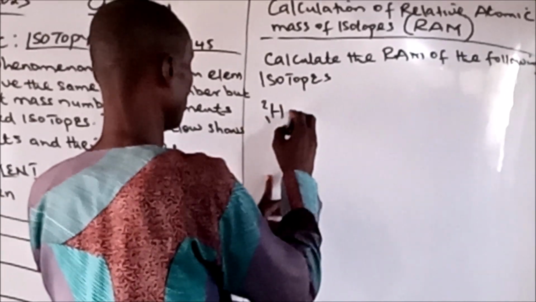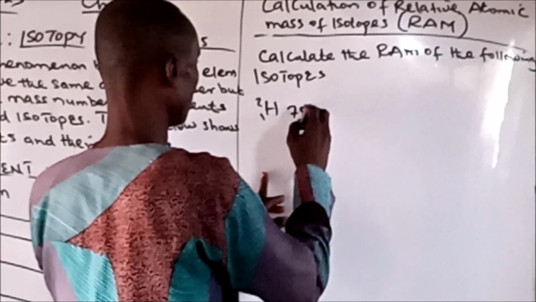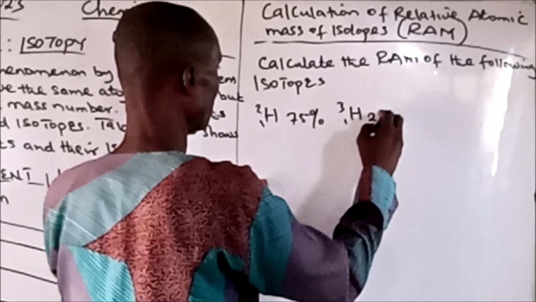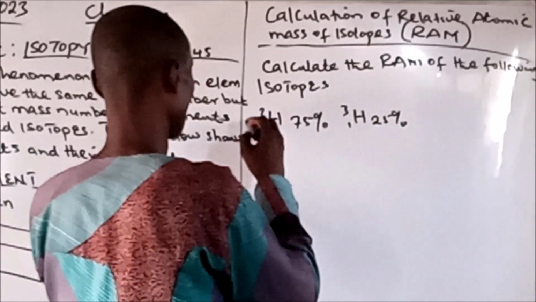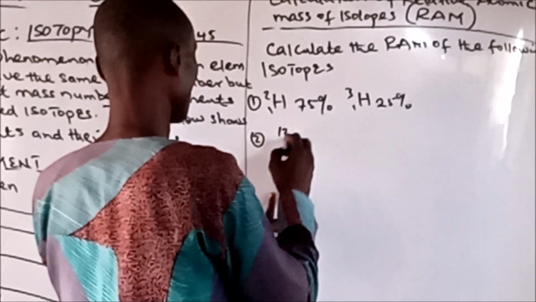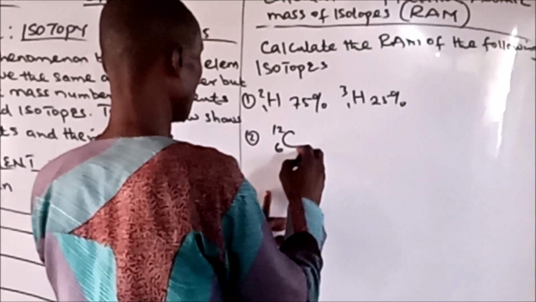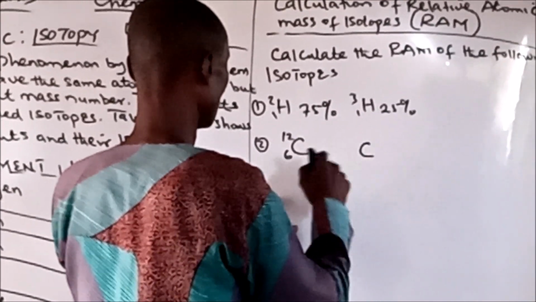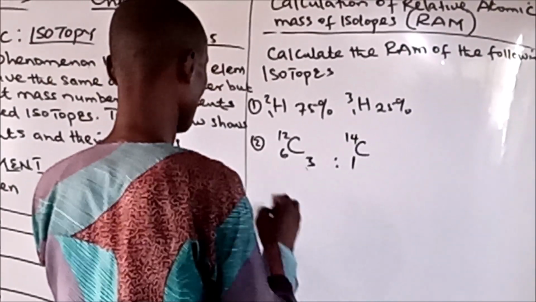Number one: H-2, 75%, H-3, 25%. Number two: carbon-12 and carbon-14, ratio 1.